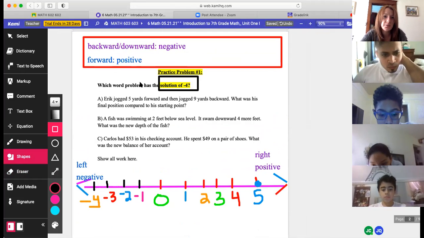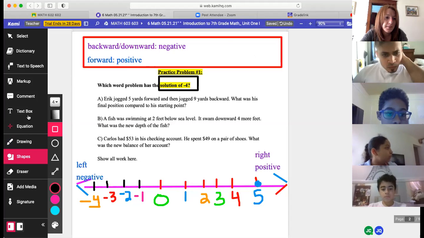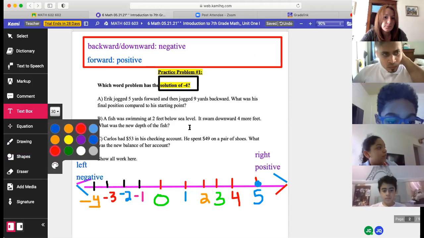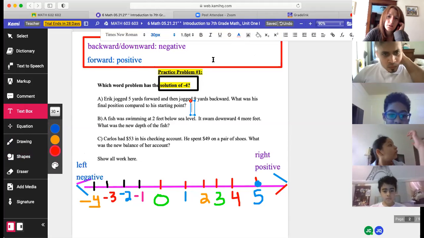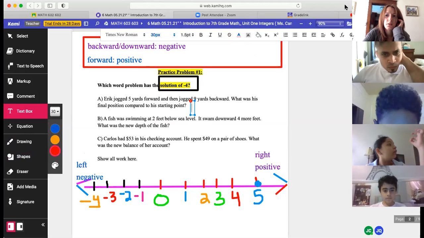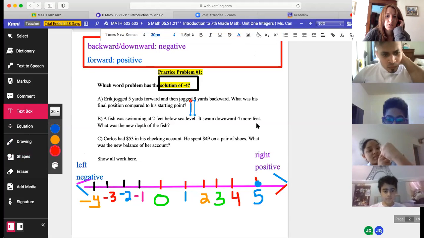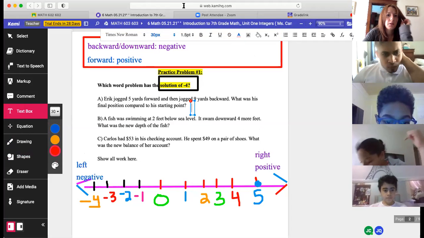So Joseph, can you read A for us and tell us what the number sentence will look like? A. Which word problem has the solution of -4? Eric jogged 5 yards forward and then jogged 9 yards backward. What was his final position compared to his starting point?